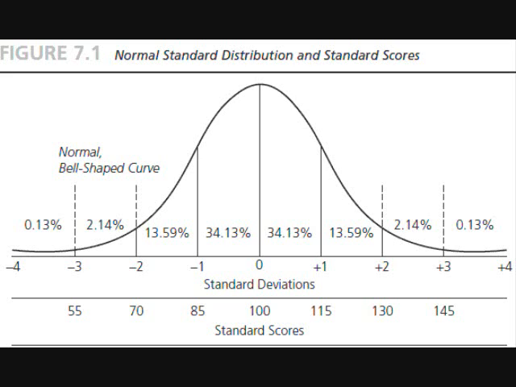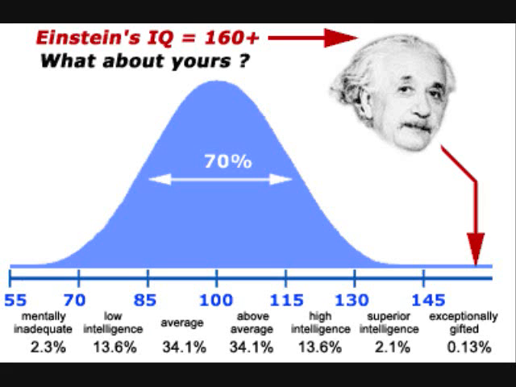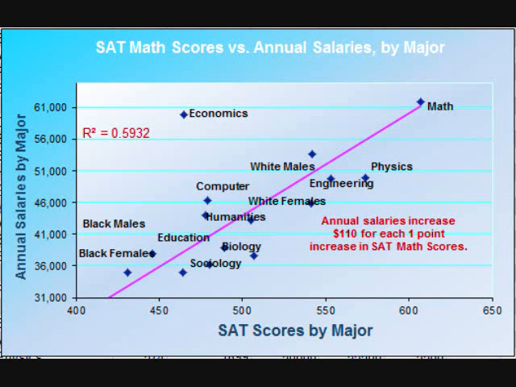It's a normal distribution with standard scores. This is a normal bell curve shape. This is the bell curve showing the IQ of Einstein, and then you would put yourself in a category. The lowest end is mentally inadequate, the lower end is low intelligence, average, and then as it rises past 100, it's above average.